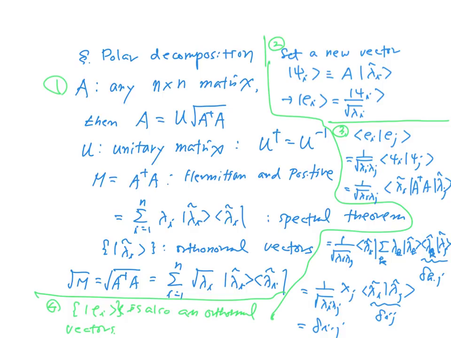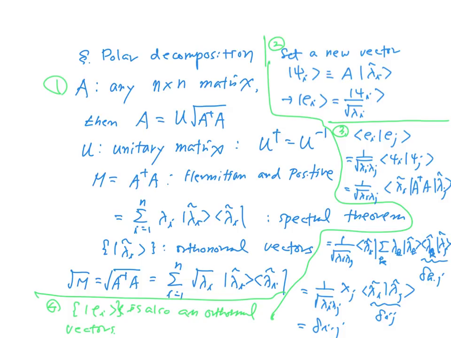We take the inner product between e_i and e_j, then this is just the square root of λ_i λ_j, and then φ_i, φ_j. But from the original definition, this is λ_i A dagger A λ_j, right? But this A dagger A can be represented by the spectral theorem again. So we introduce something extra, k. So λ_k, and then this outer product. And then you have an inner product with λ_i and λ_j.